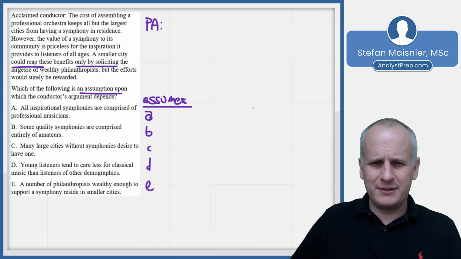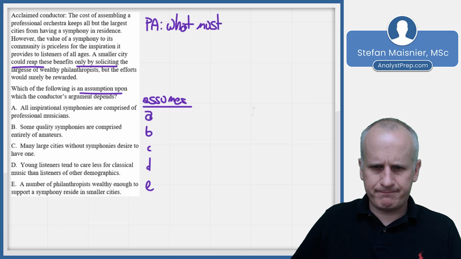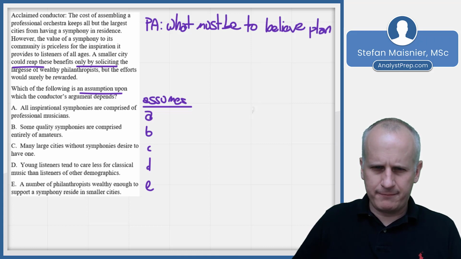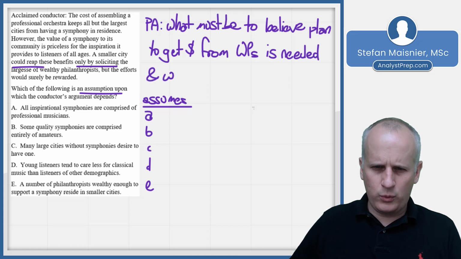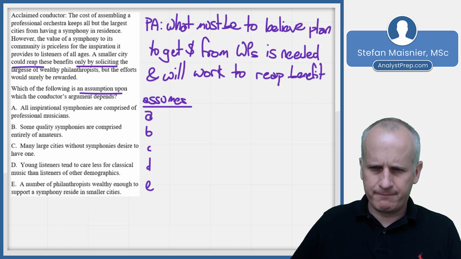So we want to find what must be true to believe that the plan to, we'll just say, get dollars from our WPs for wealthy philanthropists is needed and will work to reap benefits of a symphony in a smaller city.